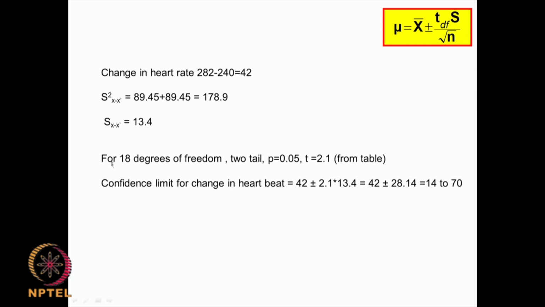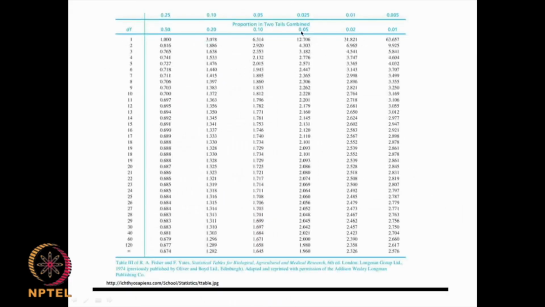Now I need to consider all the data sets. So I have one set of 10 with 9 degrees of freedom, the other set of 10 with 9 degrees of freedom, so now I have 18 degrees of freedom, and I need to use the two tail table, because we are talking about plus or minus here. You remember this equation, right? Mu equal to x bar plus or minus t times s by square root of n. So I use both the regions, p is equal to 0.05 with 18 degrees of freedom.